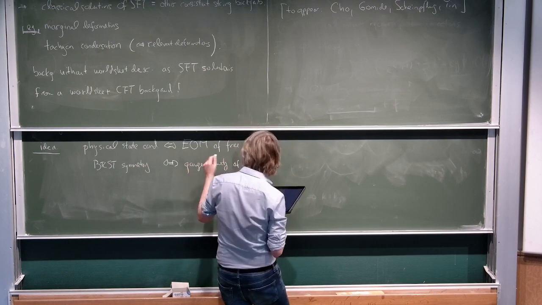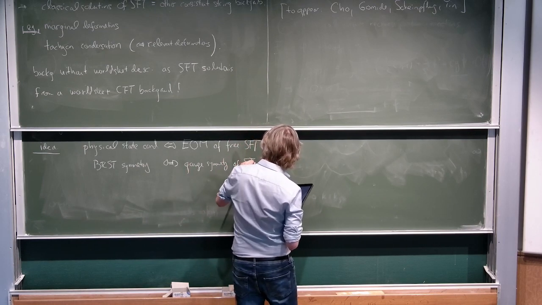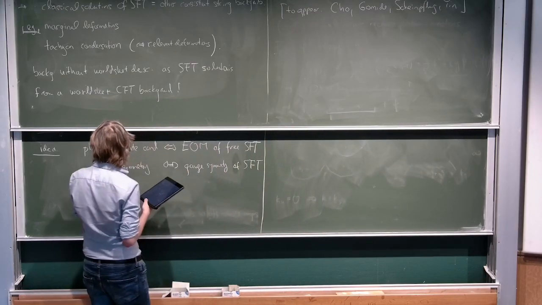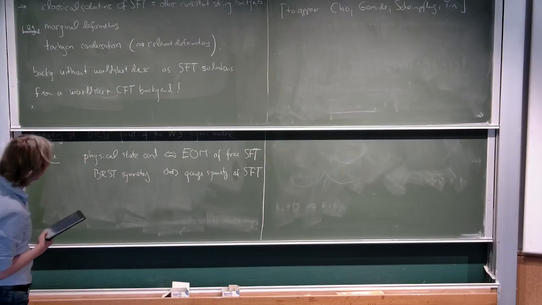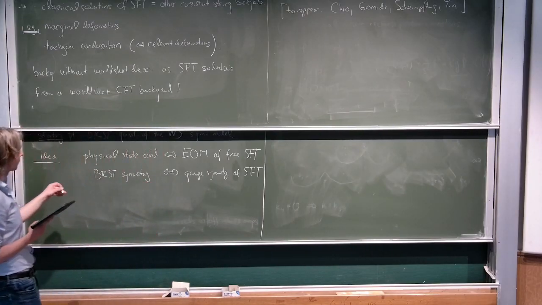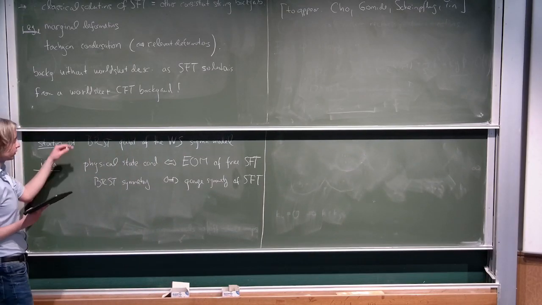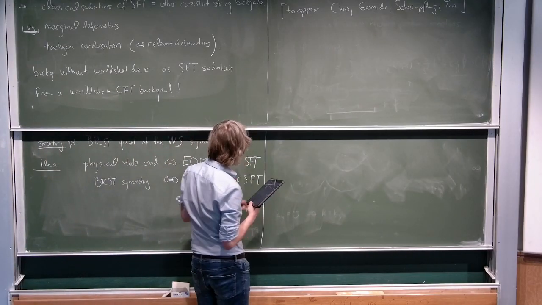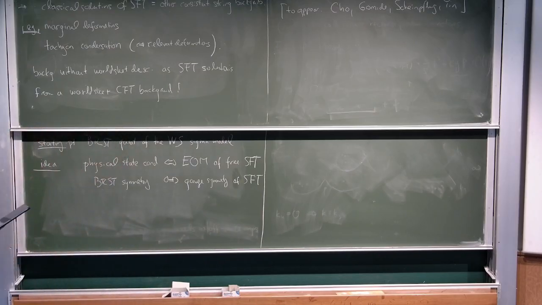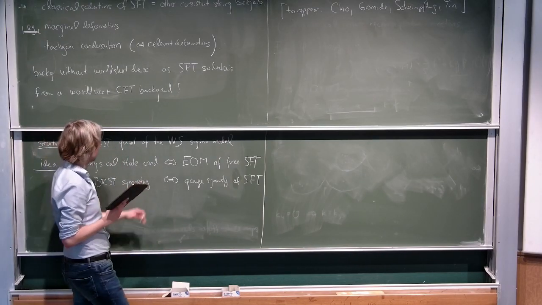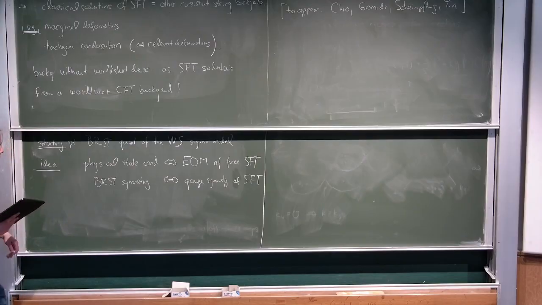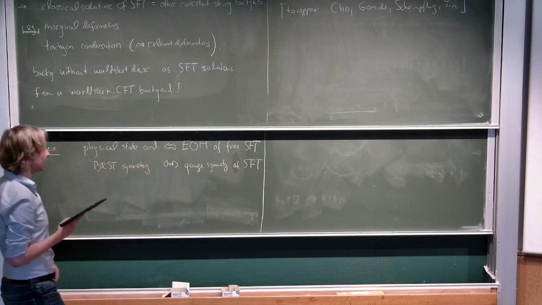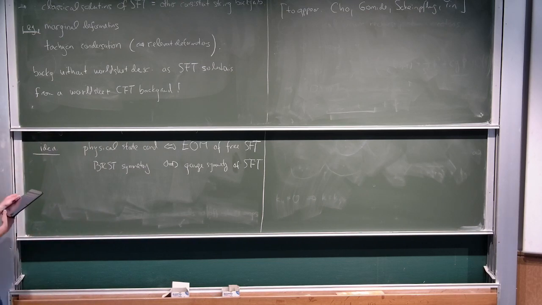Which should be thought, as I was trying to explain, with each physical state, we should associate a string field, and the action for that string field should be thought of as living in the target space, in the space-time in which the string propagates. So the action for SFT should be thought of as action on that target space, and we will see that the BRST symmetry on the worldsheet will translate into quote-unquote BRST gauge symmetry of the string field theory action.